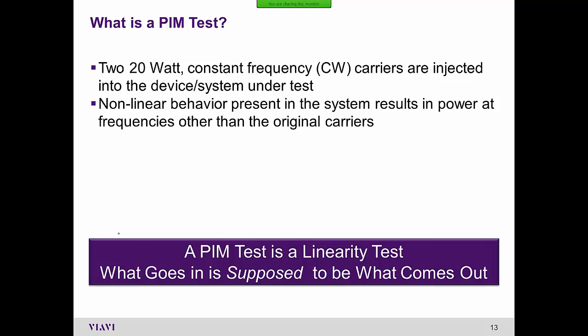And so PIM is basically a linearity test. What goes in is supposed to be what comes out. And if power appears at those intermod locations, it's not linear. The response is not linear. And beyond some point, it'll be termed as nonlinear, and it doesn't pass the test.